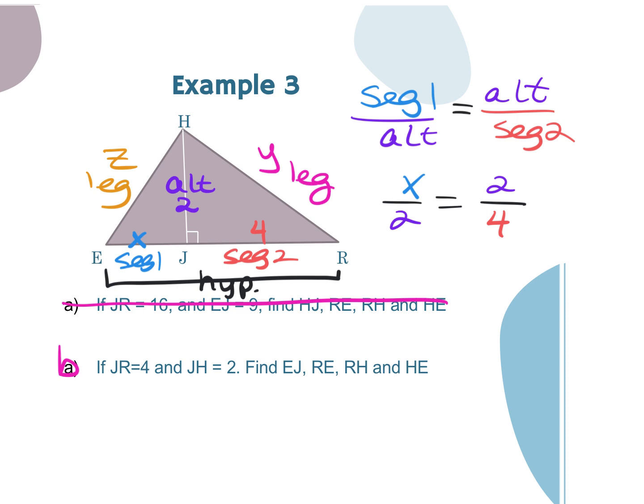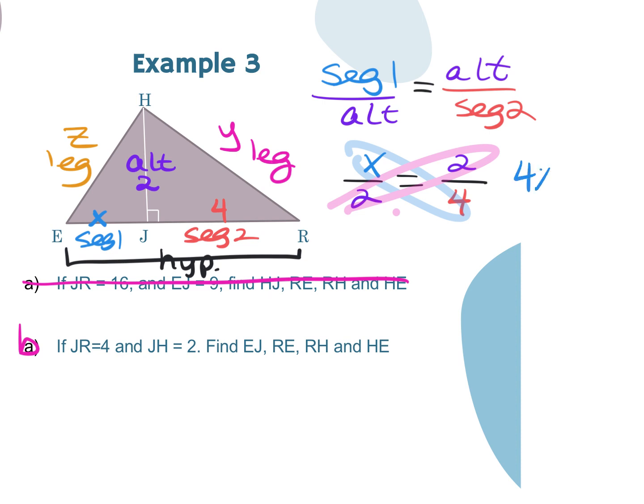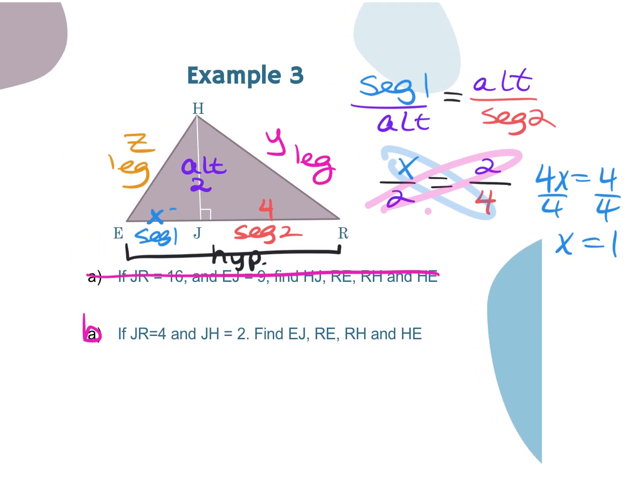So we're going to go ahead and cross multiply 4 times X. And then we'll do this diagonal, 2 times 2. So we end up with 4x equals 4. Divide by 4, and x equals 1. And remember, x was segment 1, which was the length of EJ. So EJ is 1. RE, that's my hypotenuse.